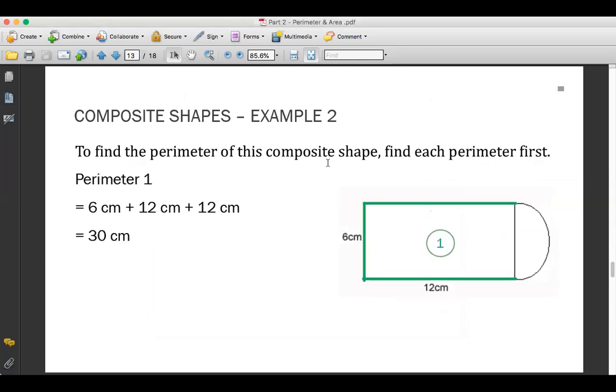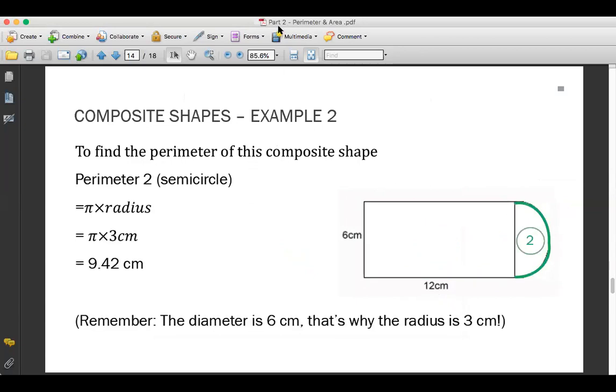Okay, now let's see the perimeter question. You already know that the perimeter for this area that I've highlighted in green is 6 plus 12 plus 12, so that is 30 cm on this side. Then to find the half circle, the second side of the perimeter, it is pi times r.